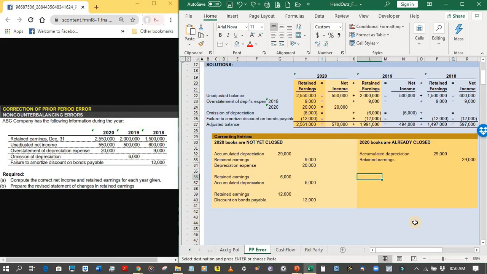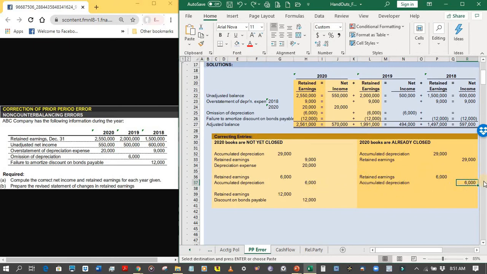So that is why debit retained earnings for 6,000 pesos, then accumulated depreciation for 6,000 pesos. Again, since both account titles are real accounts, this same journal entry will be the correcting entry assuming the books are already closed.